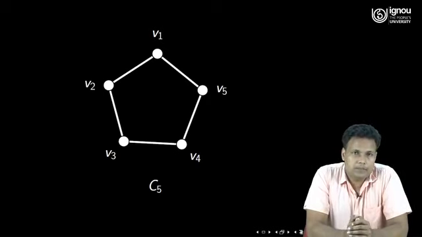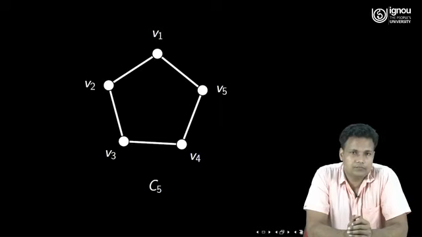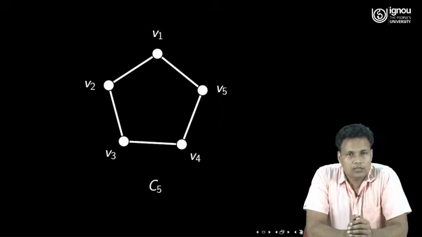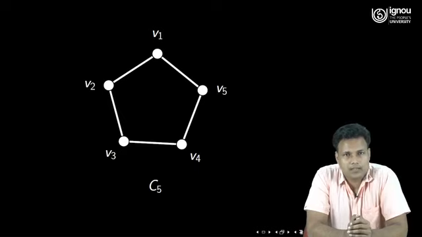Now look at this graph. It is the cycle C5, a cycle of length 5. Suppose you put the vertex V1 in one partite set, let's say X, then the vertices V2 and V5 cannot be put in X, right?